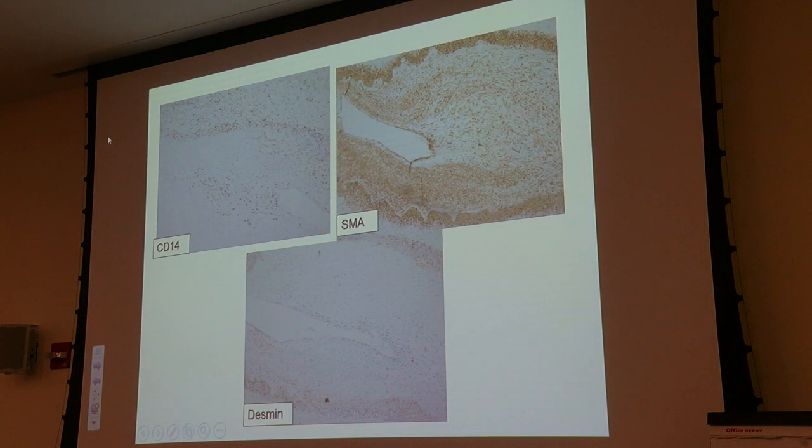And when you look at the intima, it was infiltrated by CD14 positive monocytes. Spindled cells have a classic myofibroblastic phenotype, showing smooth muscle actin staining without desmin, and likely those smooth muscle actin cells are trans-differentiated from the CD14 positive monocytes.